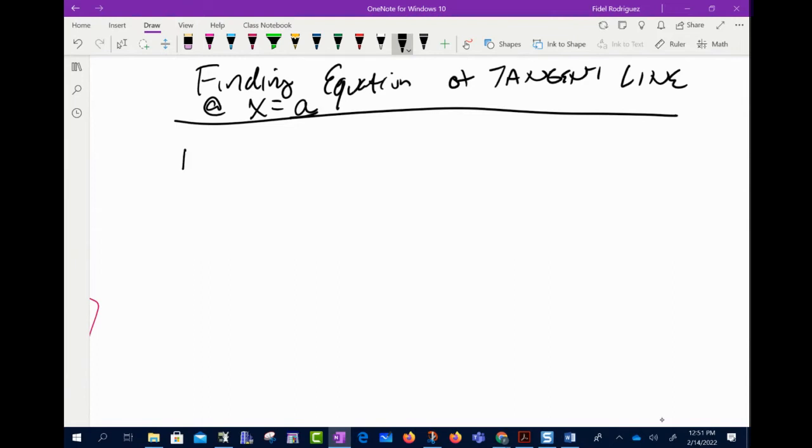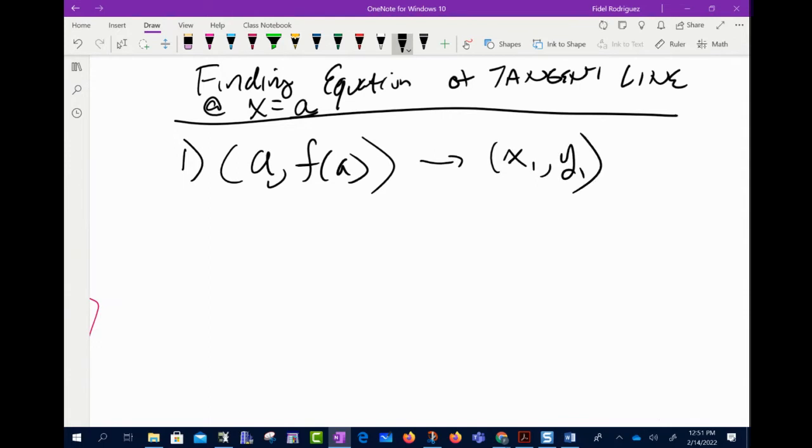The one thing I would say is, number one, we need to know our point, a and f of a, because that's going to tell me the x1 and the y1 part, right?